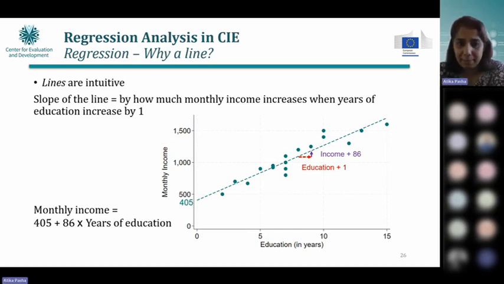Then add the intercept term, and voila, you have the monthly income for this individual along every single year of education you observe in the data. So for 2 years all the way to 15 years, you could predict, so to say, what their income would be.